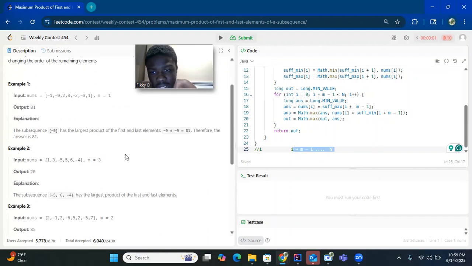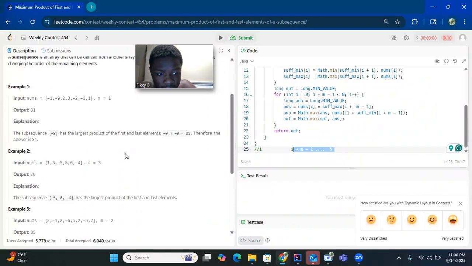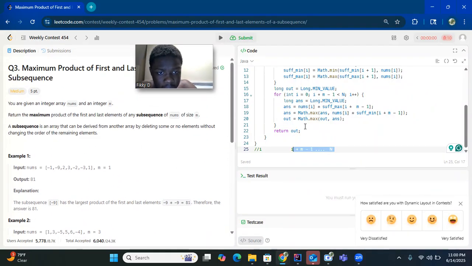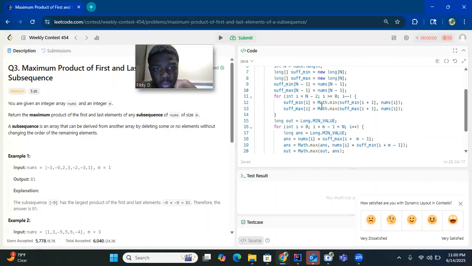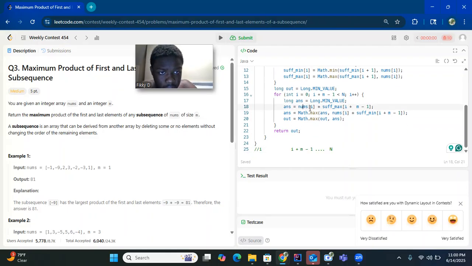Since there are negatives, you keep track of suffix min and suffix max, because you only need to multiply the current number by the extremes. Everything else in between doesn't matter. So I just multiply the current number by the extremes, and then I take the maximum across all. And yeah, that's pretty much it.